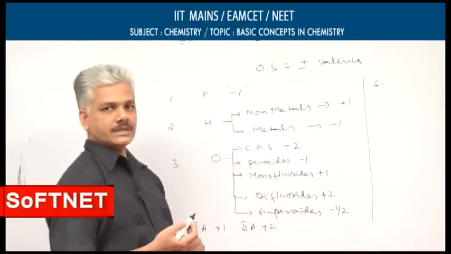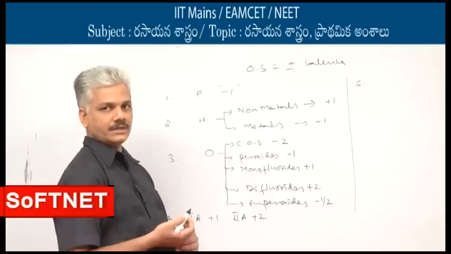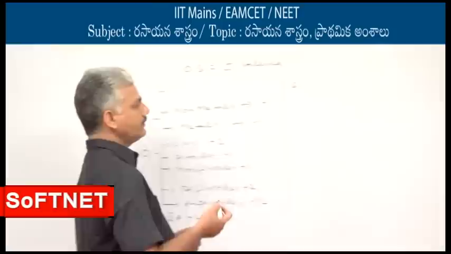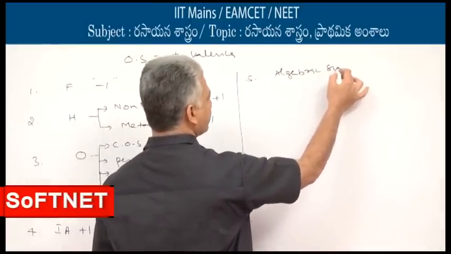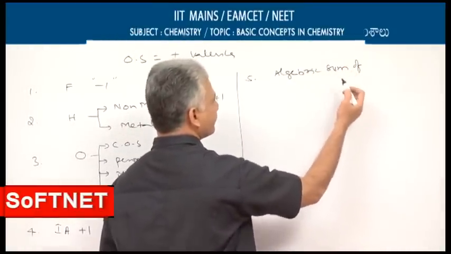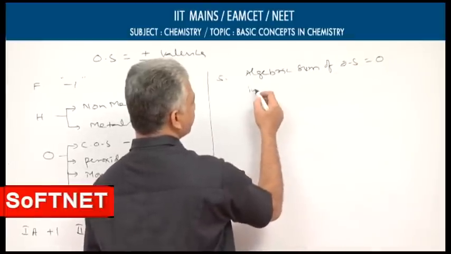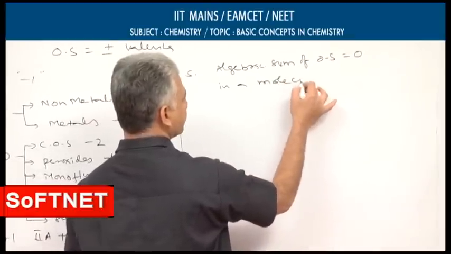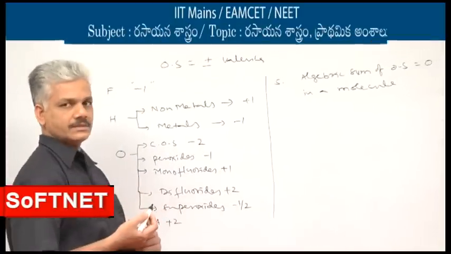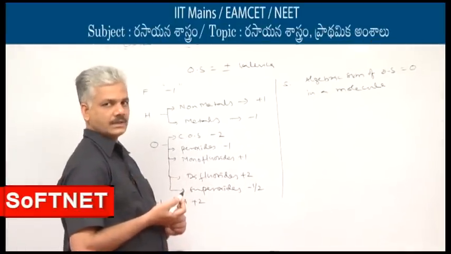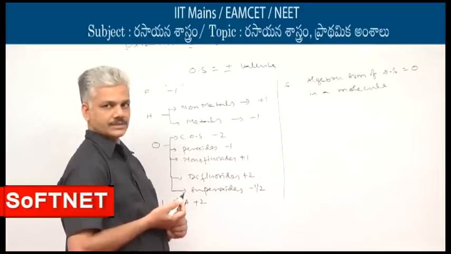The algebraic sum of oxidation states of all the atoms in a molecule is equal to 0. In case of ions, the algebraic sum of oxidation states of all the atoms has to be taken as equal to the charge.